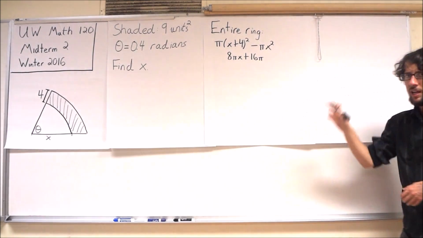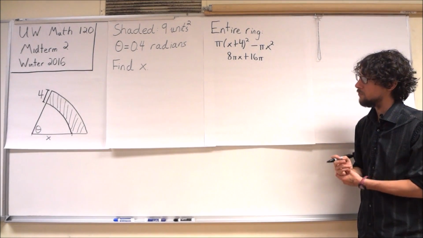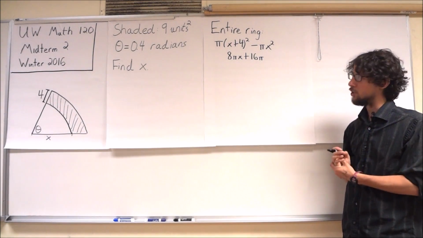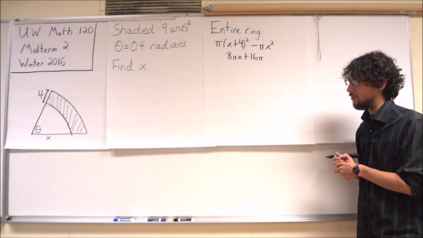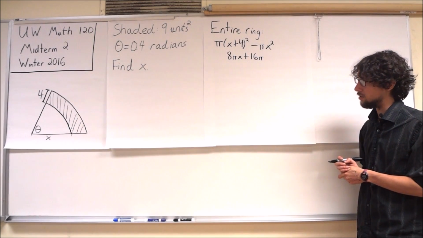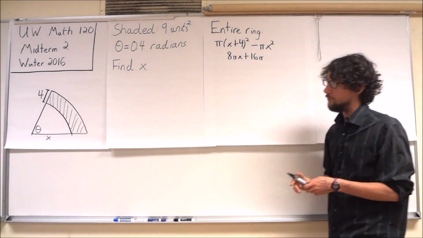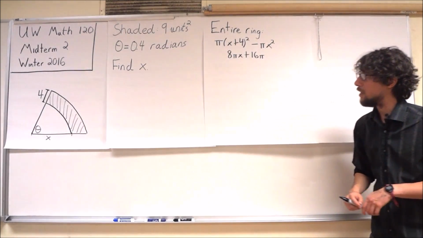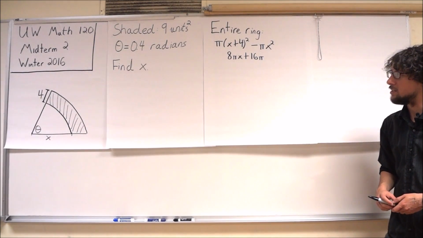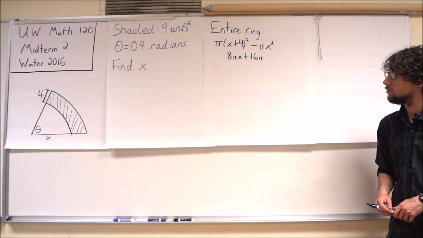this is the area of that entire outer ring, but we're only looking at a fraction of that ring. What fraction of the ring are we looking at? Well, if theta was a full 2 pi radians, then we'd be looking at the entire ring.